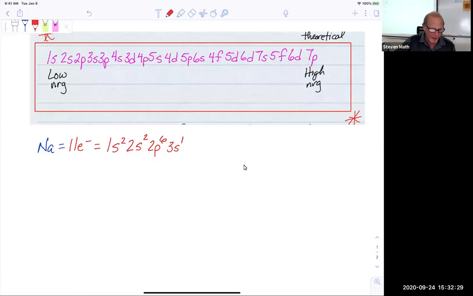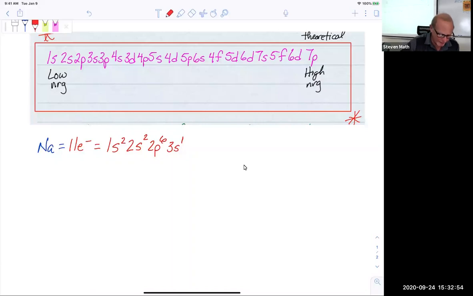This gives me the electron configuration of sodium. We start low, fill, move to the next, fill, move to the next. My 3s isn't filled, and that's okay. It has a maximum of 2 electrons, but it can also hold 1. It can hold less than the maximum.